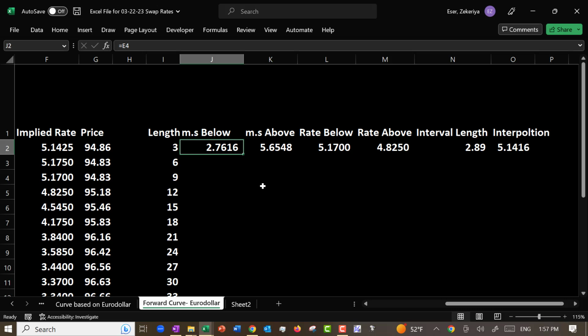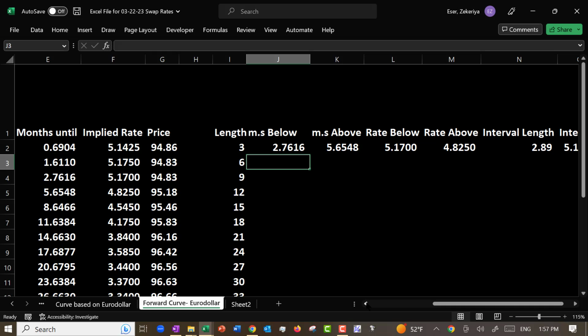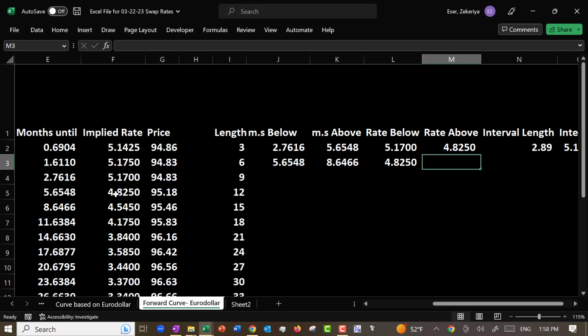I mean, on the 6th, all I have to do is do these: months below, months above, rate below, and rate above.